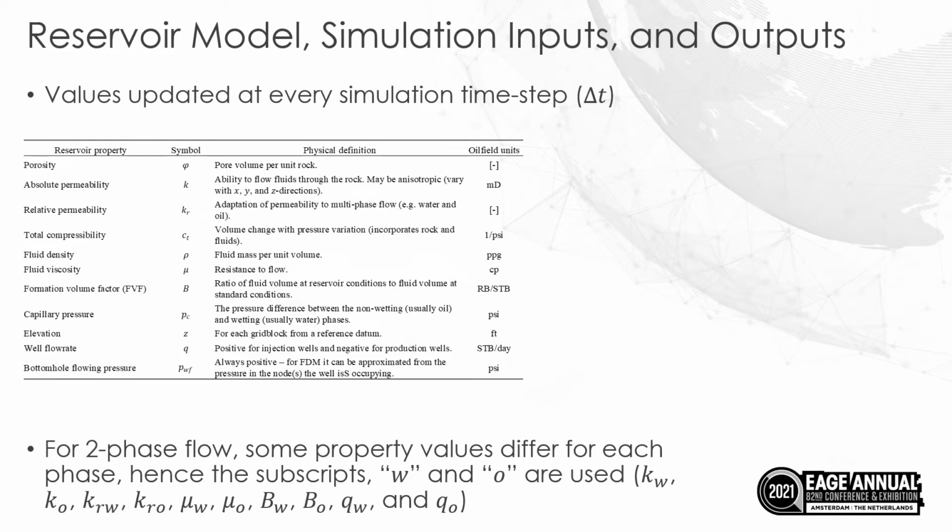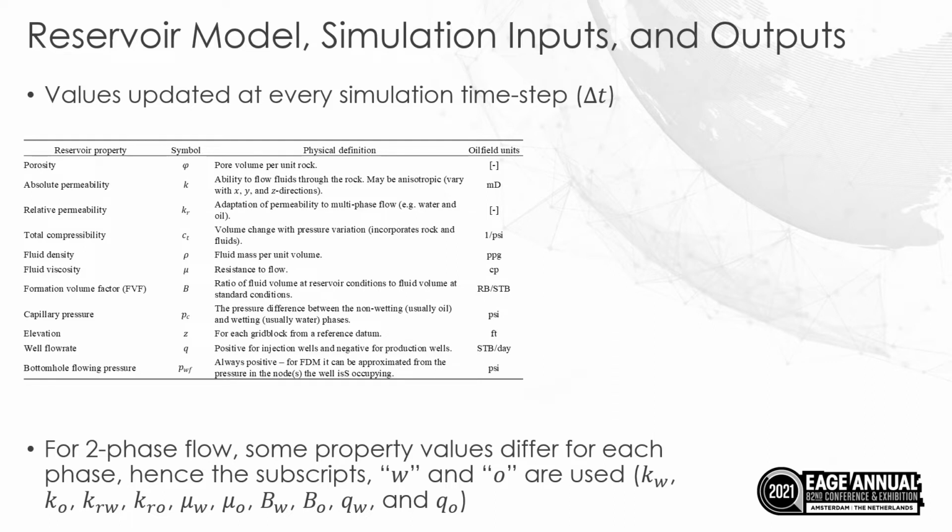So those parameters, which are permeability, relative permeability, viscosity, formation volume factor, and well flow rate, we have two values for each simulation time step, one for each phase.